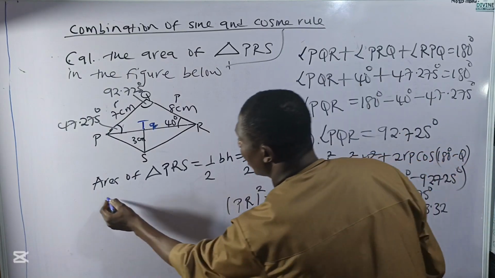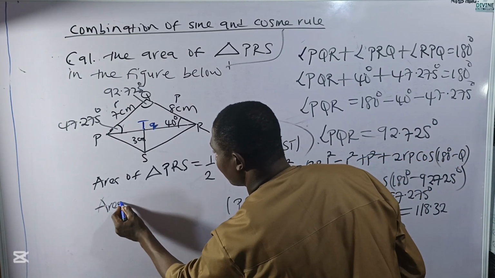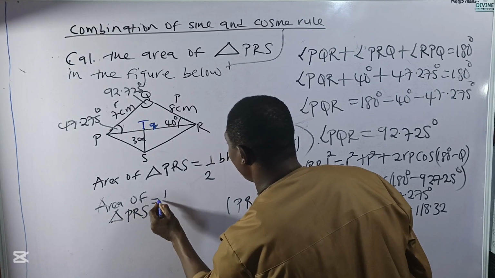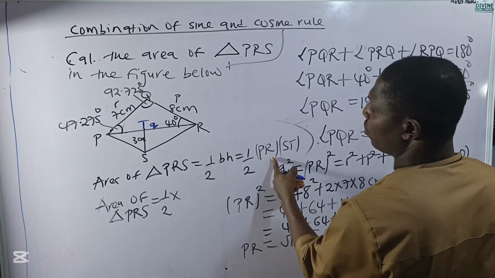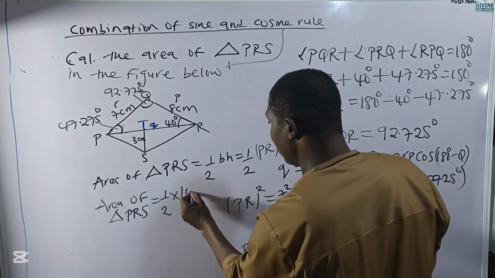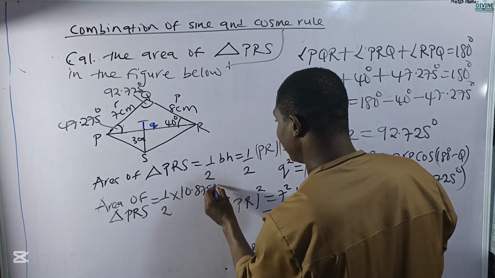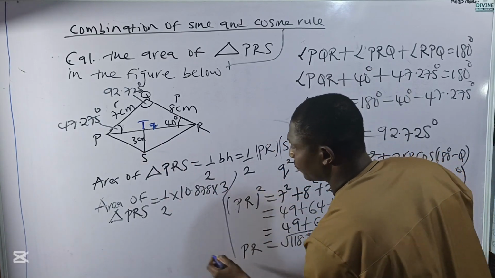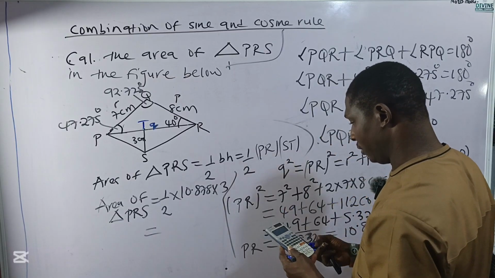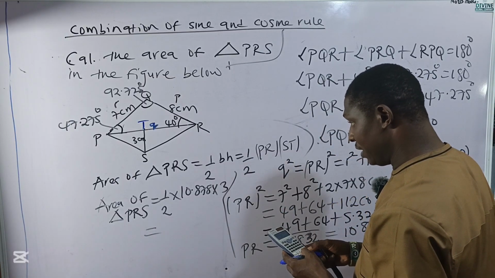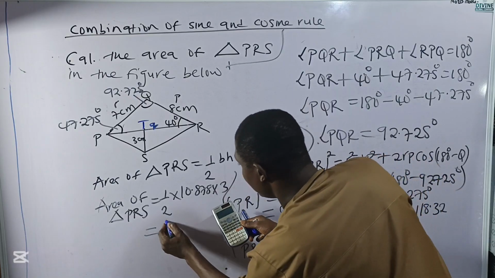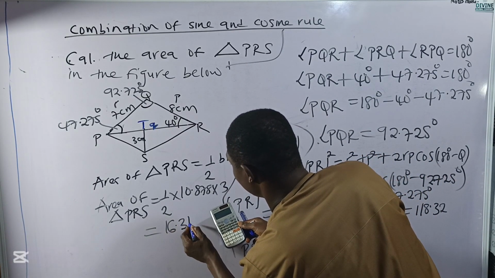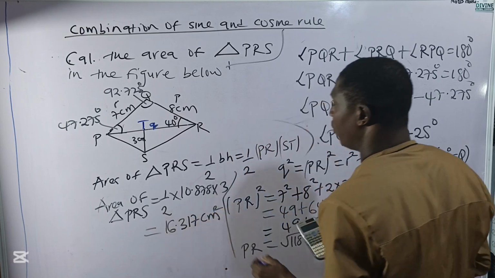So I'll put it into this formula, and my area, as asked, area of triangle PRX will be equal to 1/2 times PR, which is 10.878, times the value of ST, which is 3, and divide by 2, giving me 16.31317 centimeters squared. Why centimeters squared?